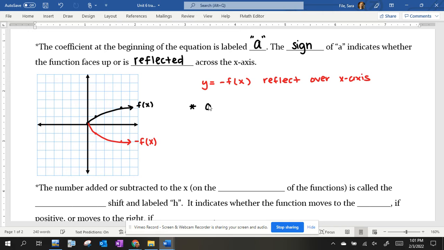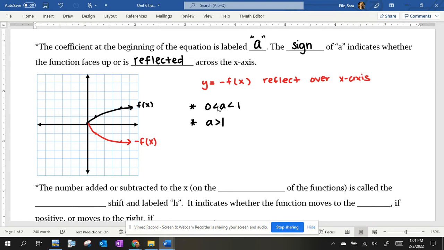If a is between 0 and 1, versus if a is greater than 1. Because typically, the understood value of a is 1, because multiplying by 1 doesn't change anything. It just keeps it like the parent function. But if a is something other than 1, what happens to the graph? It's different if it's greater than 1 versus if it's a fractional value, like 1/2 or 2/3 or 5/8 or something like that.